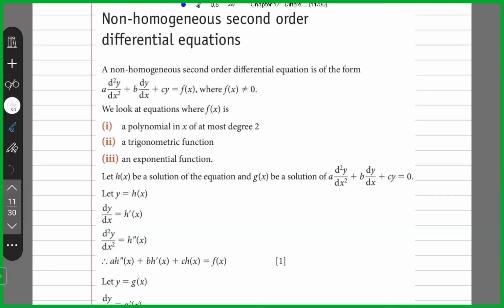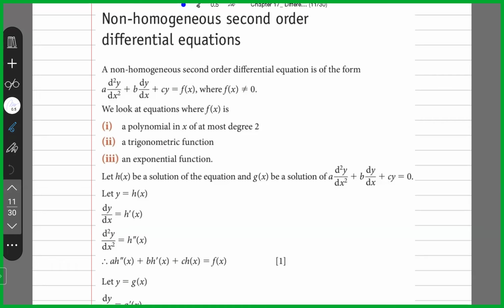We are going to look at equations where f of x is a polynomial in x of at most degree 2, a trigonometric function, or an exponential function.